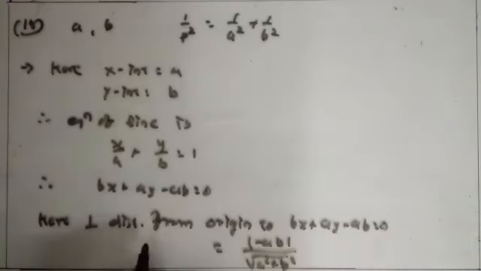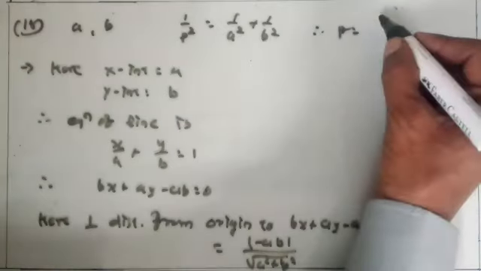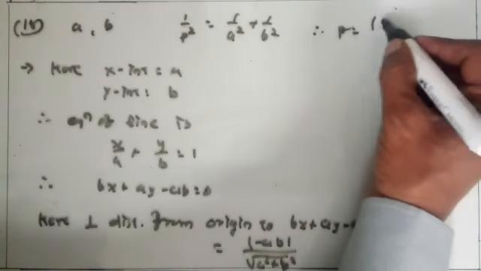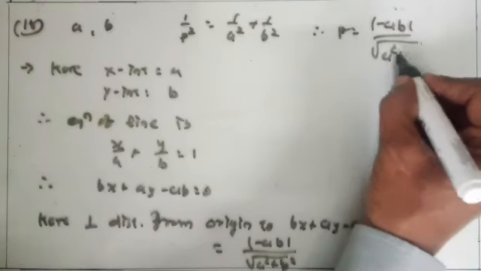But the perpendicular distance is given as p. Therefore, p = |-ab| / root(a square + b square).